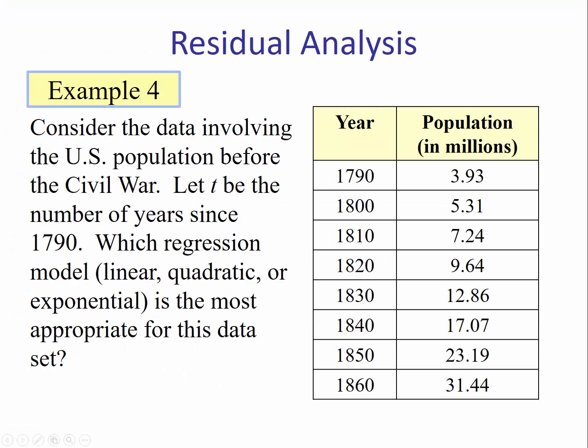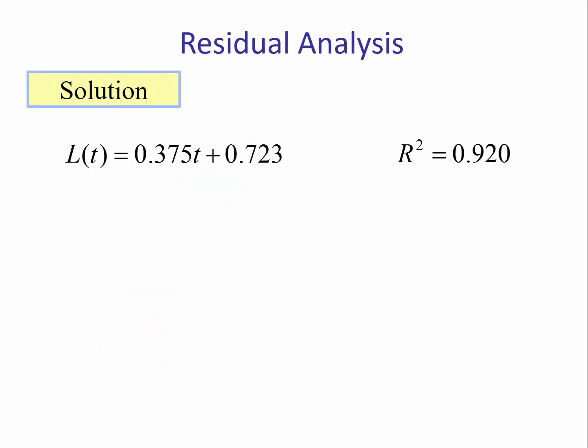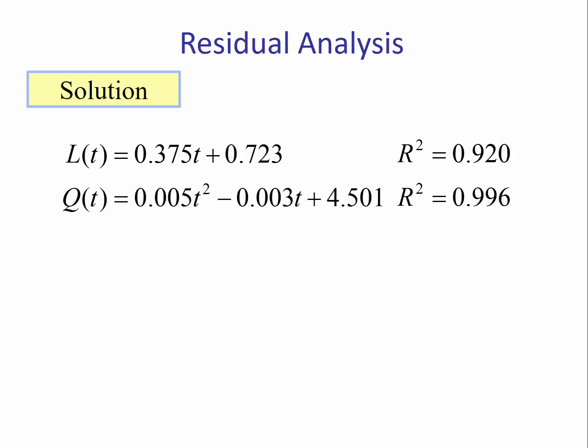So let's summarize example 4. The linear regression model was L of t equals 0.375t plus 0.723, had an R square value of 0.920. For the quadratic, Q of t equaled 0.005 t squared minus 0.003 t plus 4.501.